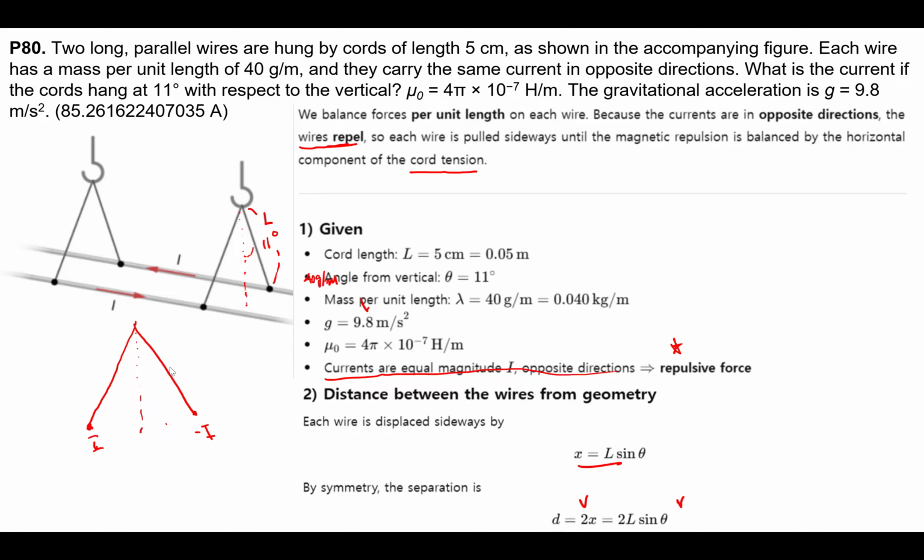It is repelled by the magnetic force. If you look closely at the tension, this is the theta, and that is the theta.